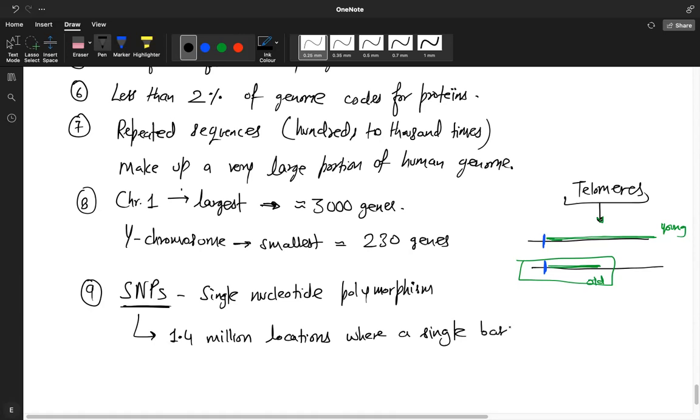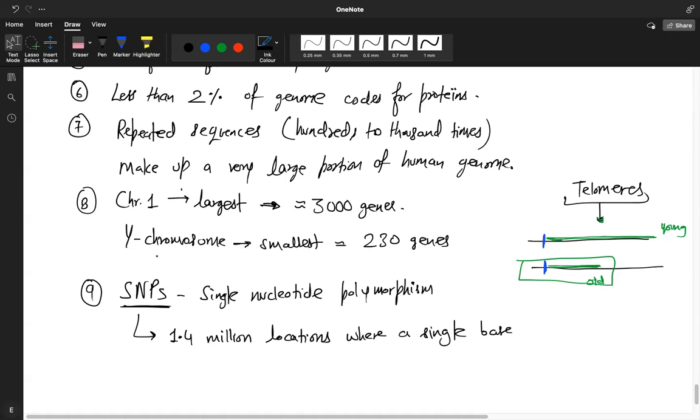So if I compare between my and Zad's, let's say, let me take one gene, which is working the same in me and in Zad as well, but there is a possibility that we may find a SNP in that gene. And that SNP will actually help me figure out which is Zad's DNA and which is my DNA.